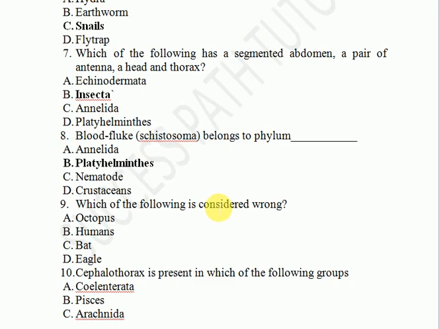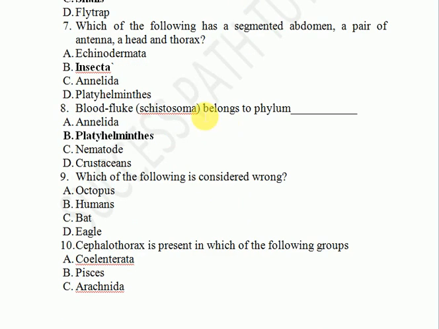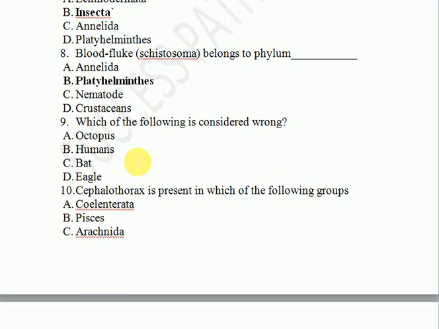Which of the following is considered wrong? The thing is, all the options here have some things in common, or they belong to a particular group, except for one. This is a very funny question because there's so much guide. So if you look at this, octopus, that's Mollusca.